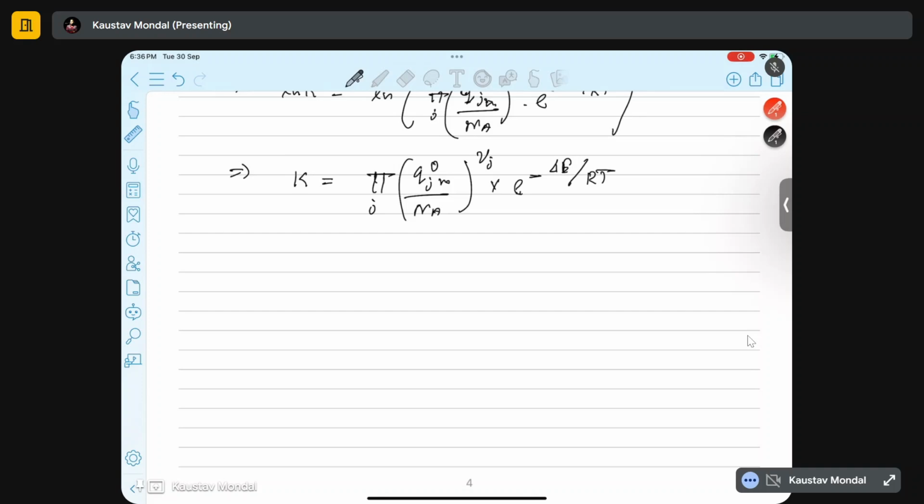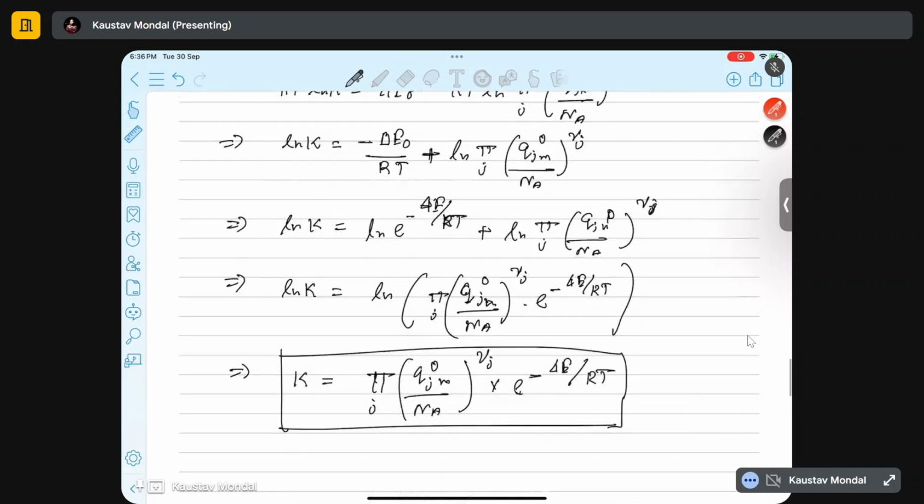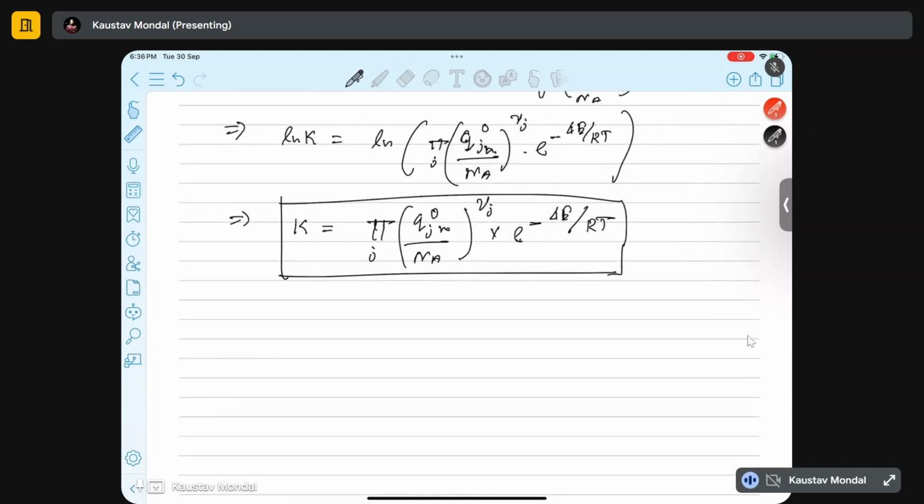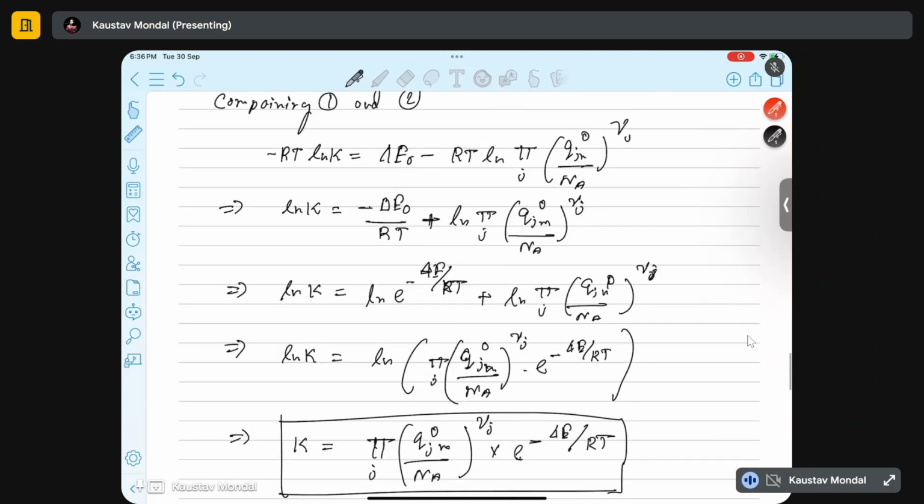This is the relation we desired to find, which shows how the equilibrium constant is related to the partition functions.